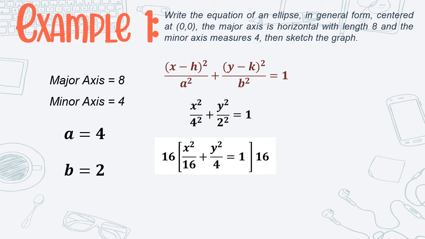So if we multiply both sides by 16, we will have 16 times x squared all over 16, that is x squared, plus 16 times y squared over 4, that is 4y squared, is equal to 1 times 16, which is 16. So let's transpose positive 16 to the other side of the equation. So the general form of equation for this ellipse is x squared plus 4y squared minus 16 is equal to 0.